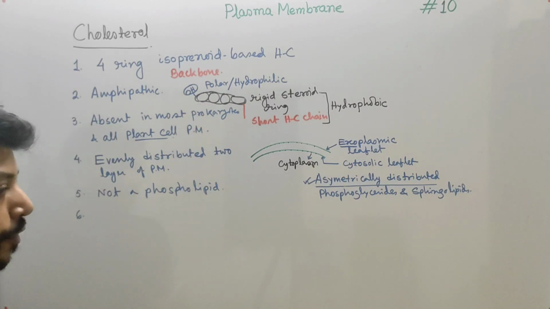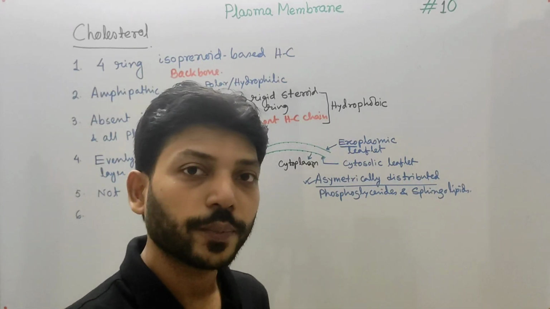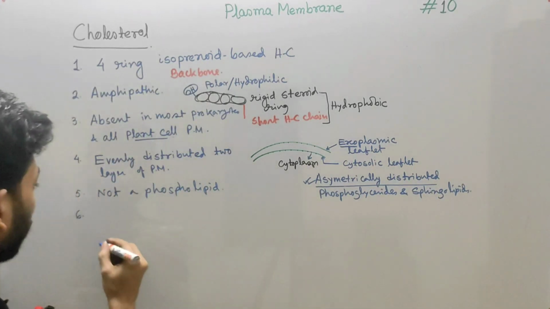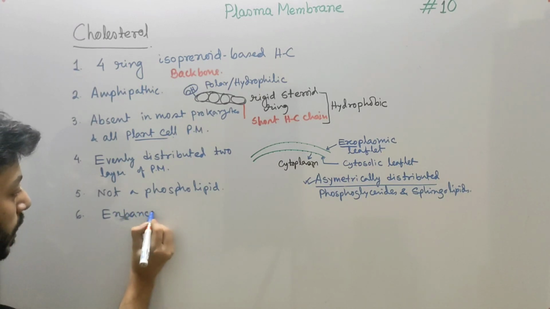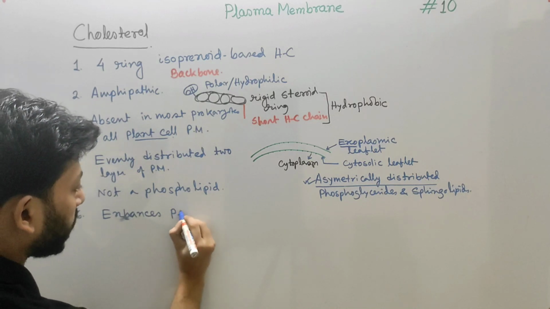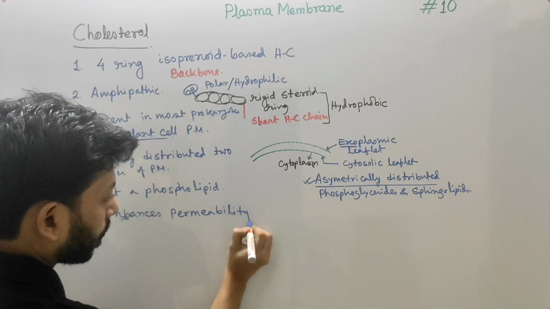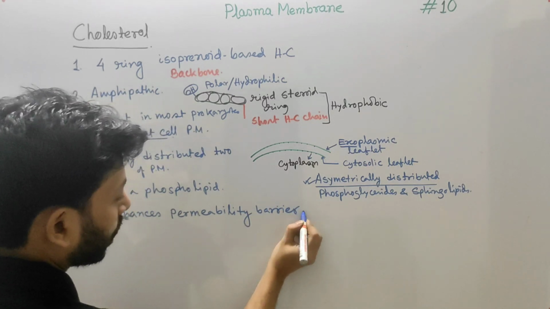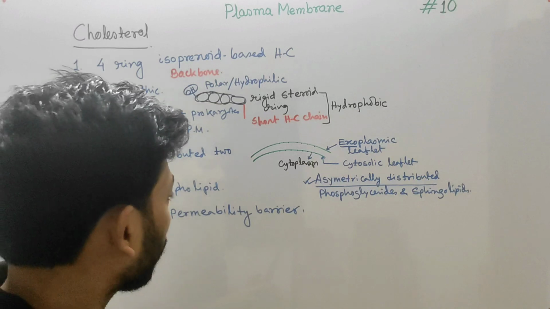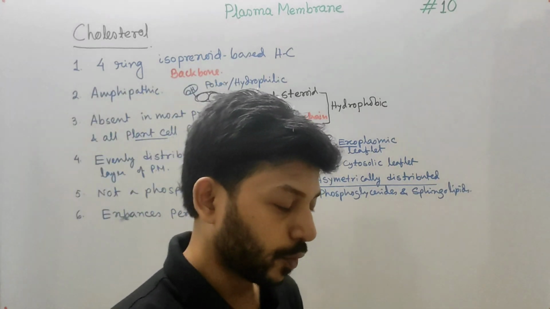Now, the sixth point we can remember is that when cholesterol is mixed with phosphoglycerides and sphingolipids, it enhances or increases the permeability barrier. I have mentioned in the basic concepts of plasma membrane that the plasma membrane acts as a permeability barrier. What does it mean?